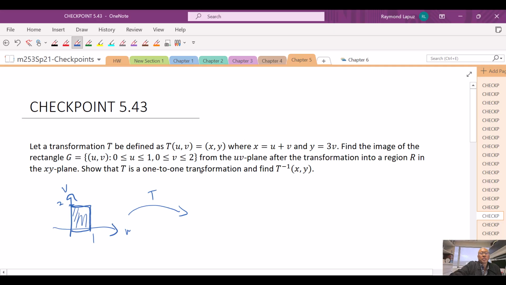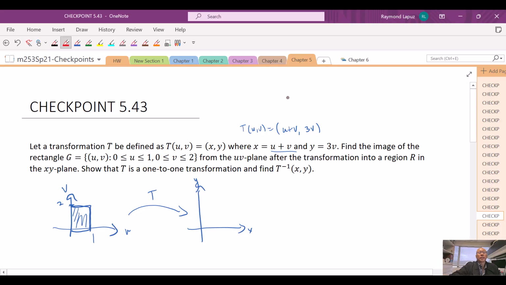The transformation T can be written as x equal to u plus v, and y equal to 3v. Given that transformation, we want to see what happens on the xy plane.